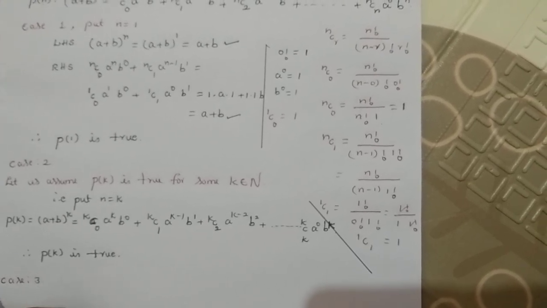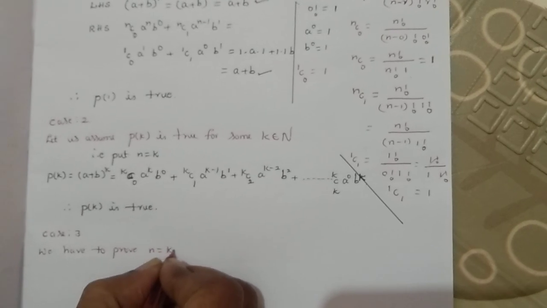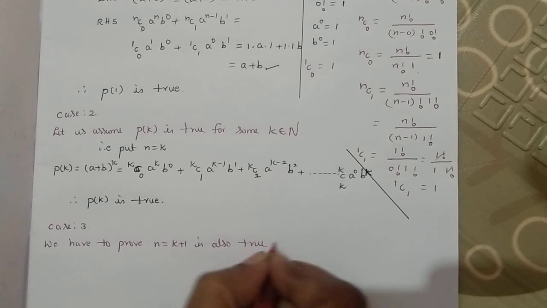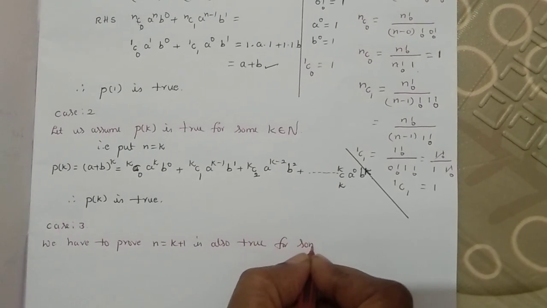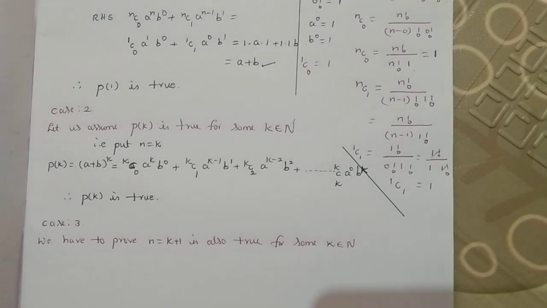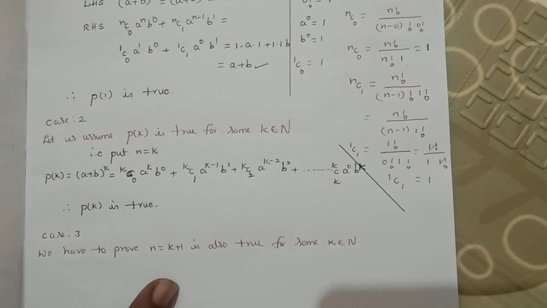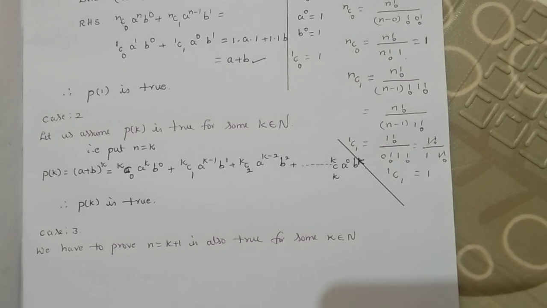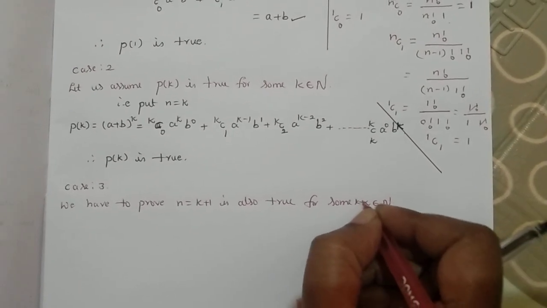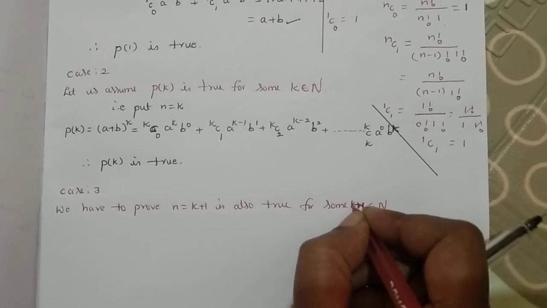We have to prove that n equals k plus 1 is also true, for some k belongs to N, and k plus 1 belongs to N.